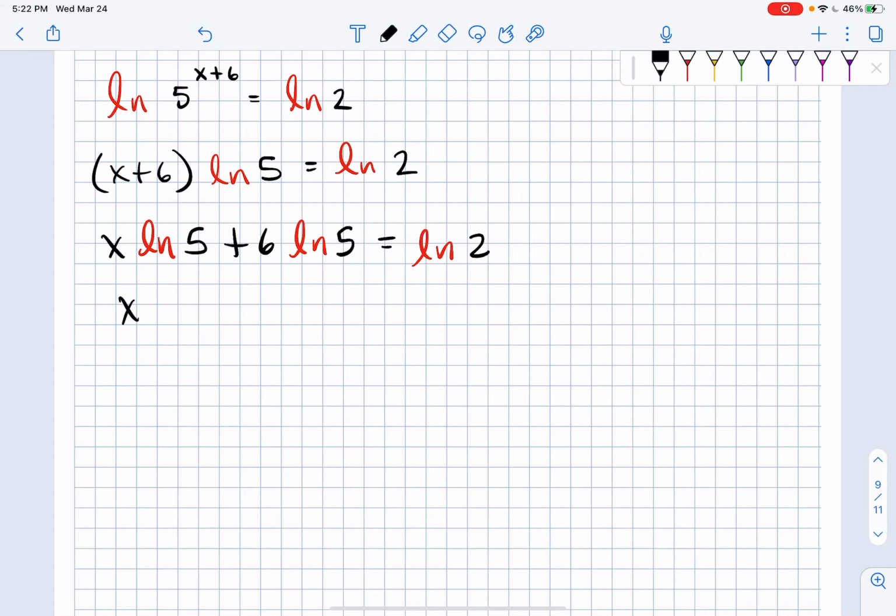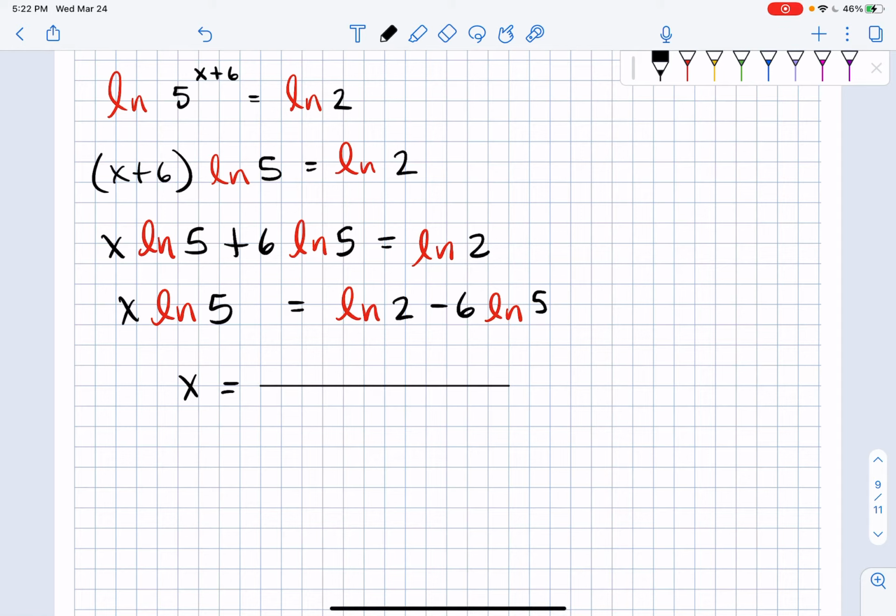So I got x ln of 5 is equal to ln of 2 minus 6 ln of 5. And then divide the ln of 5, so I have x is equal to ln of 2 minus 6 ln of 5 divided by ln of 5.